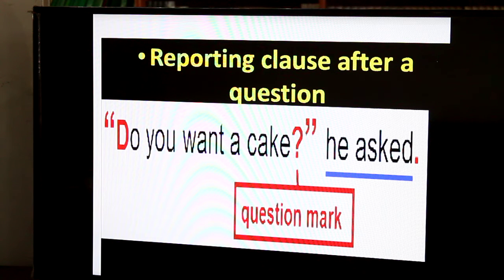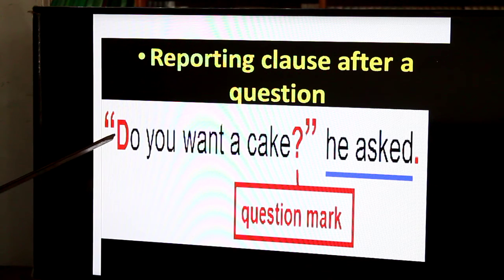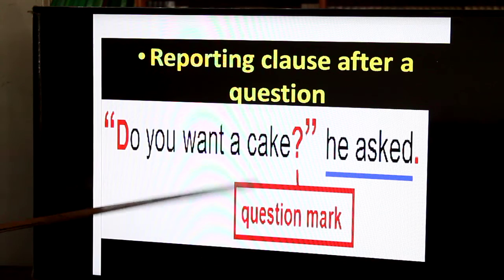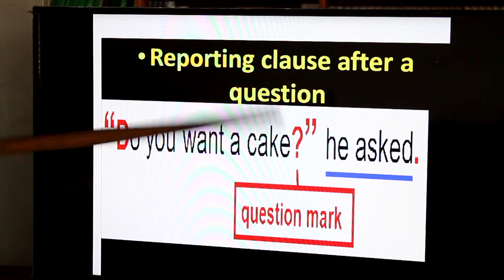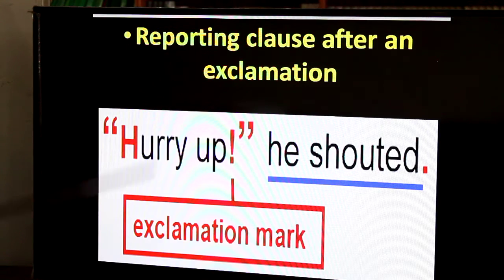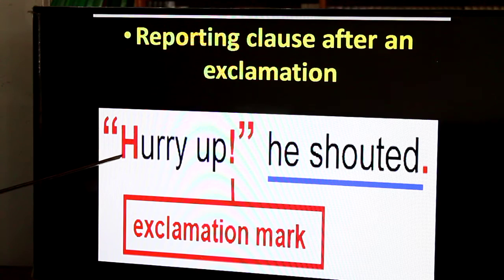What about the reporting clause after an exclamation? The same thing happens. "Hurry up!" Then the exclamation. After the exclamation, you close. This way. Reporting clause after an exclamation. Hurry up, first letter capital. Open. Put the exclamation. Close.